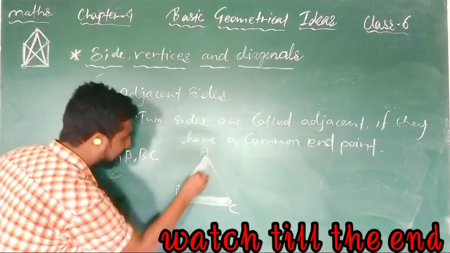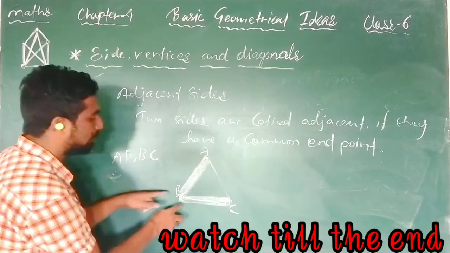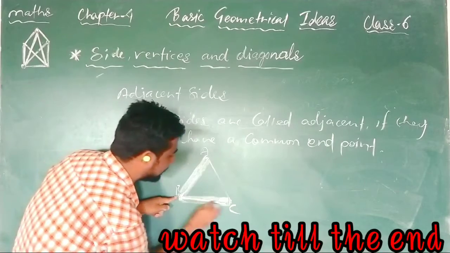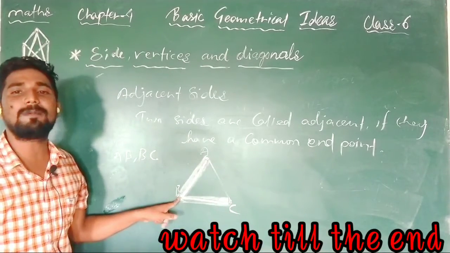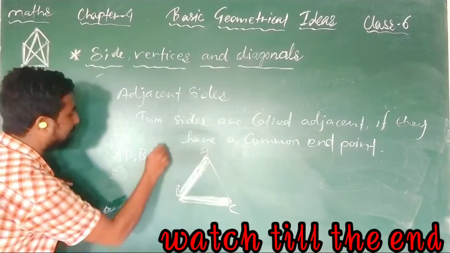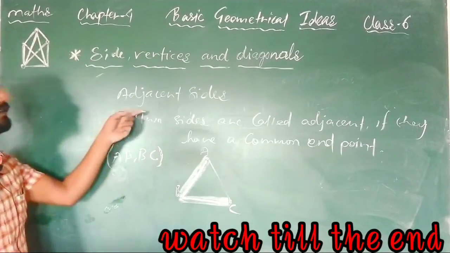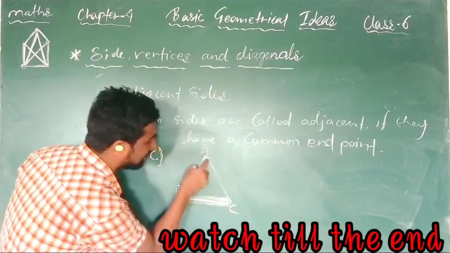Yes sir, B is coming in AB, and B is also coming in BC. So B is the common point from where BC and BA start. So B is a common point, or you can say a common vertex. That is why AB and BC are called adjacent sides.